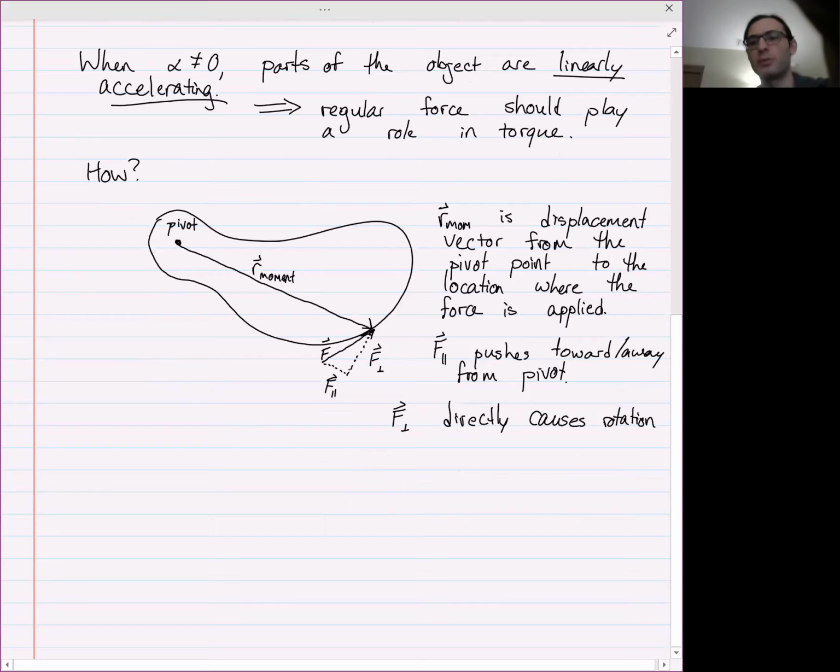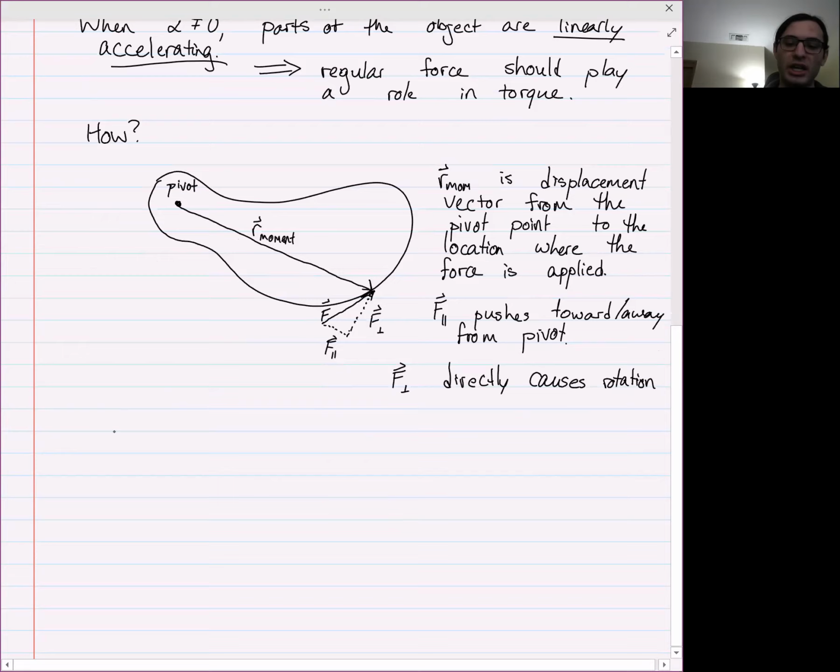Now we can also make some other intuition-based assumptions. If we pushed closer to the pivot, the rotation would be less.